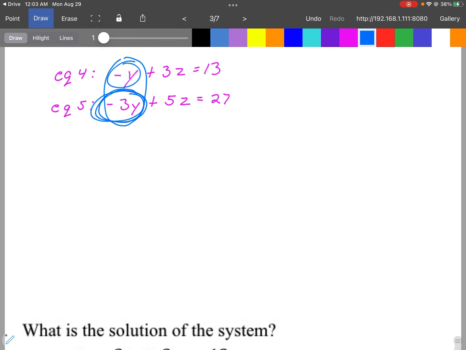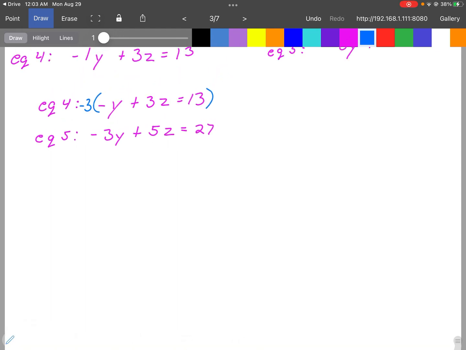So this negative 3y, in order to get it canceled, needs to be combined with a positive 3y. So if I want this to become positive 3y, well, I need to change the sign, which means I've got to multiply by a negative. So then if I take that times a negative, then I also need it to be a 3, so I multiply by negative 3. Now that means multiply everything by a negative 3.